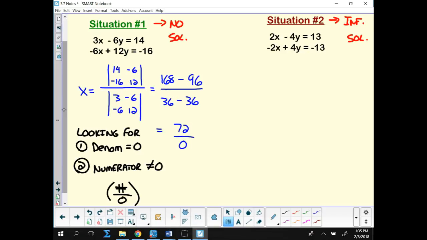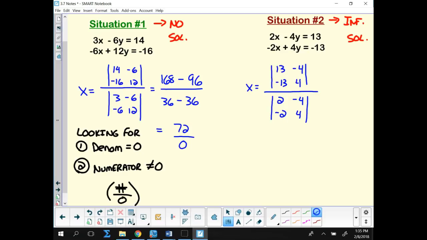Fast forward to situation number 2. Again, if I solve for x, I got 2, -4, -2, and 4. 13 times 4 is 52, minus -13 times -4 is 52. 2 times 4 is 8. -2 times -4 is 8.